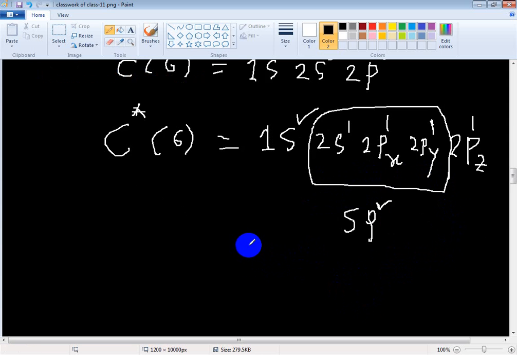In benzene, carbon is sp2 hybridized. Look, one unhybridized orbital, pz, is remaining.